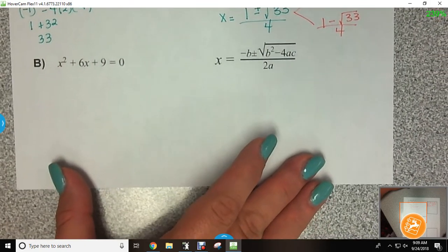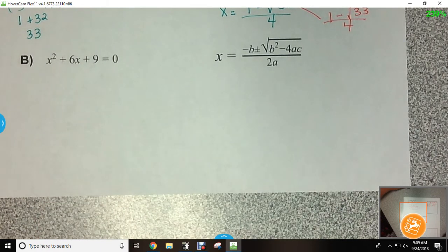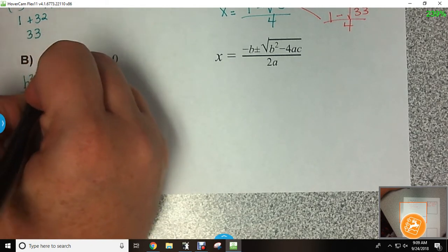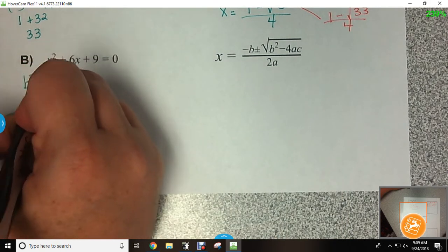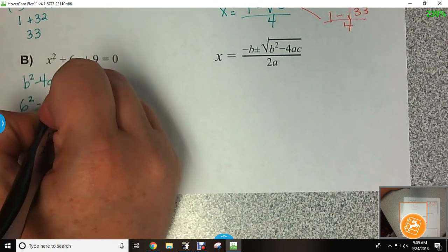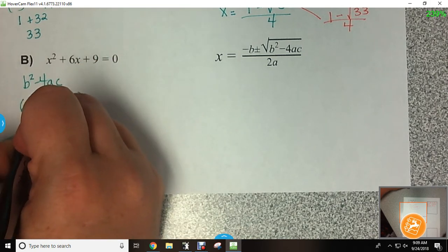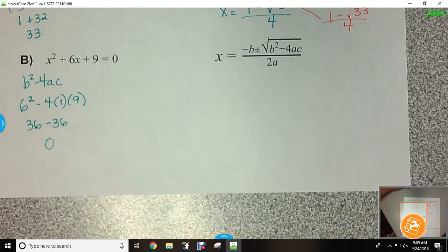So now, problem B. All right, once again, I'm going to ask you to go ahead and find the discriminant first. So 6 squared minus 4 times 1 times 9. I get 36 minus 36 is 0.